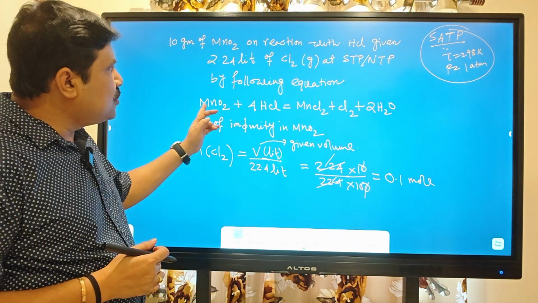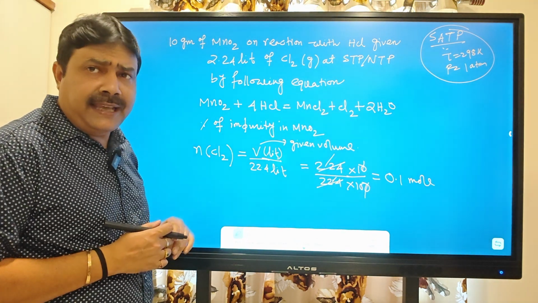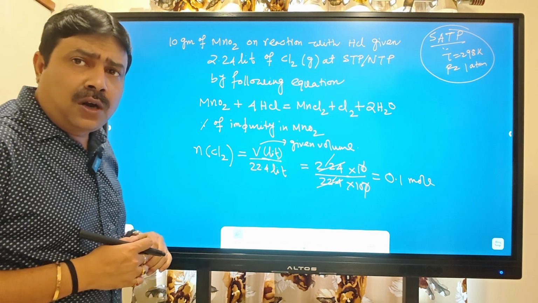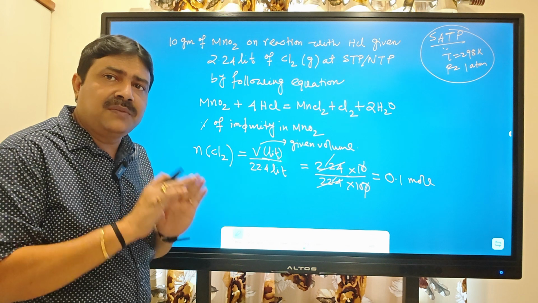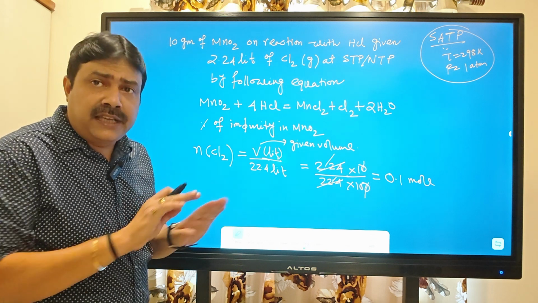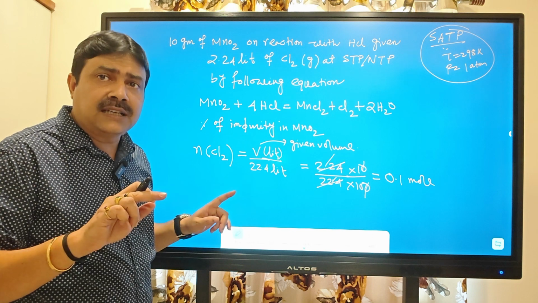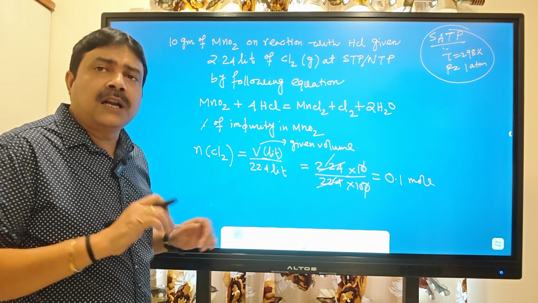Then you look at the stoichiometry. 1 mole of MnO2 gives 1 mole of chlorine. Reaction always will happen as per stoichiometry. That's why I told you, in stoichiometry related problems you always need to write down the balanced chemical equation. Why? By default you will get the mole ratio: in which mole ratio the reactant is reacting and in which mole ratio the product is forming.